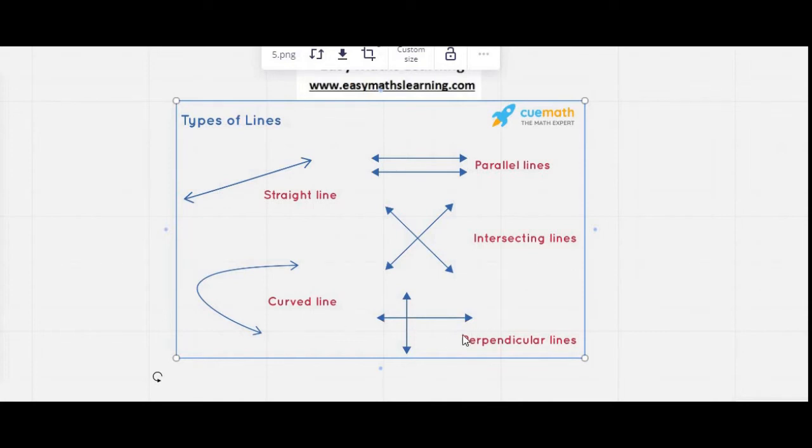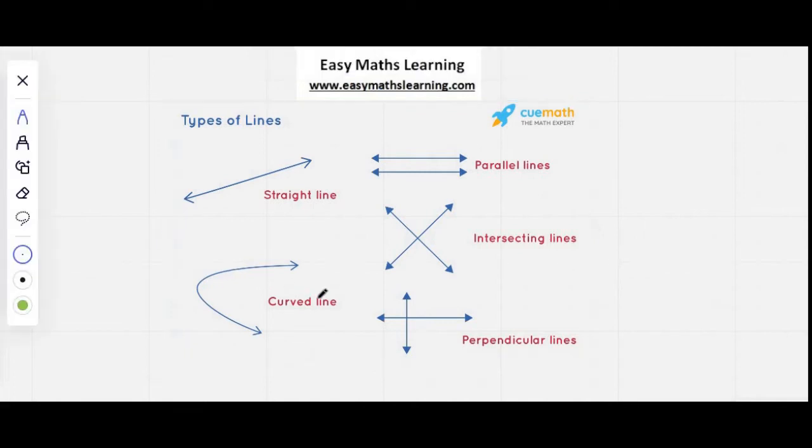Perpendicular lines means 2 lines which are perpendicular to each other. That means the point at which they intersect, they form a 90-degree angle there. All the angles here are 90 degrees, so they are called perpendicular lines. These are the different types of lines which we will be learning in due time.